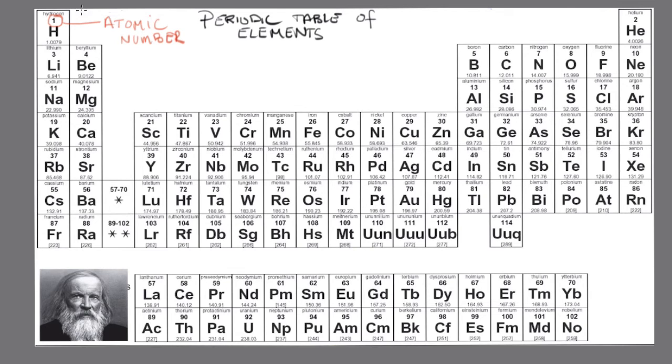And the atomic number basically tells you how many protons you can find inside an element. And if this is a neutral atom, then it has the same number of protons and electrons. So 1 here for hydrogen means that there's 1 proton and 1 electron in a hydrogen atom.